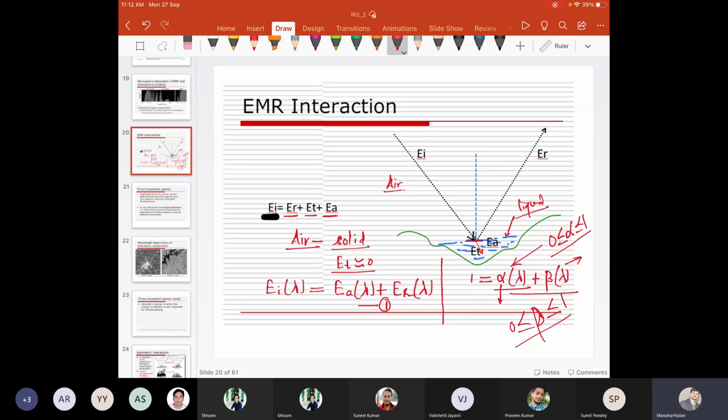Now let's see what happens when beta is equal to 0. Who will tell me? Beta here I'm using for absorptance.